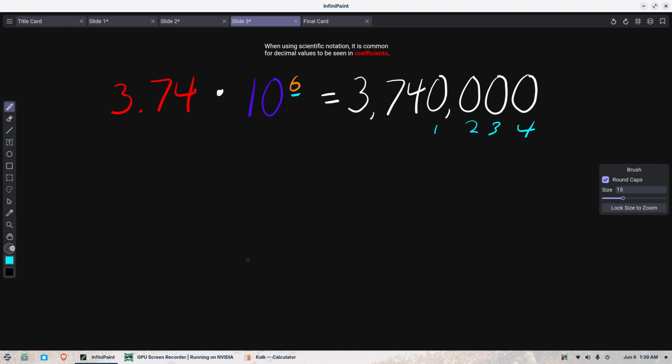And what exactly happened? Well, to write it down here, I'm going to write 3.74. I'm going to multiply this by 10 raised to the 6th power. And instead of thinking about this as adding zeros to the digit columns, what I'm going to do is take 3.74 and look at this decimal here and move it 6 jumps to the right.